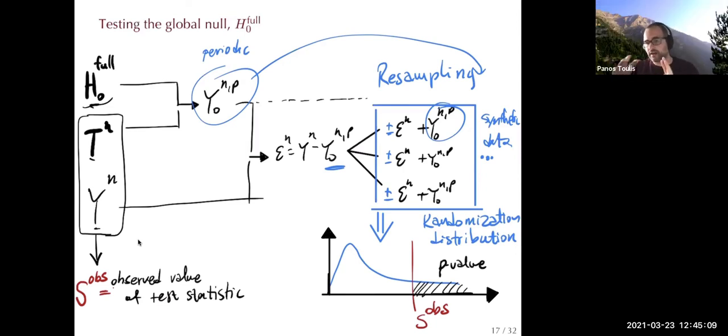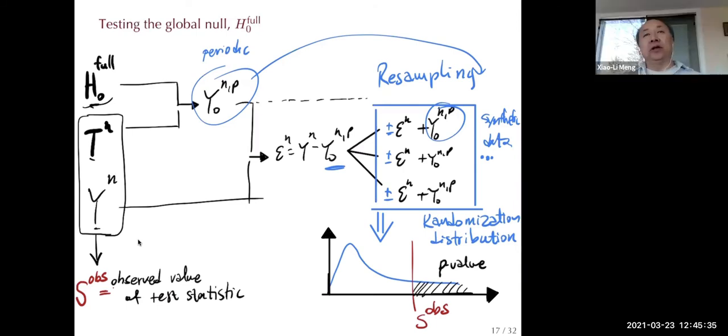Because permutations require exchangeability. And if my errors have some autoregressive structure, it might break, right? It might lead to an invalid test. But assuming this kind of sign symmetry also allows me to accommodate some autoregressive structures as well. So eventually we have to make some assumption about the structure of the errors.